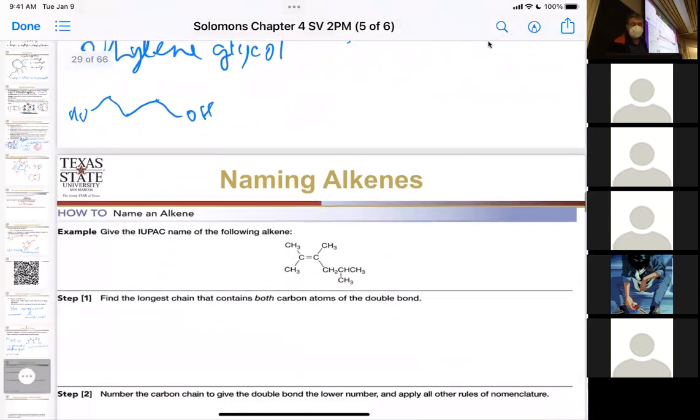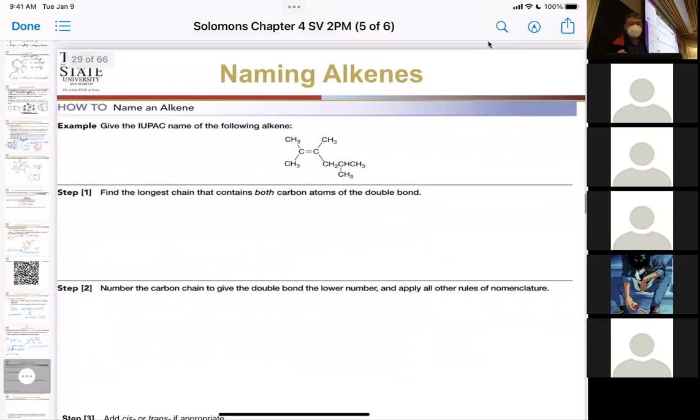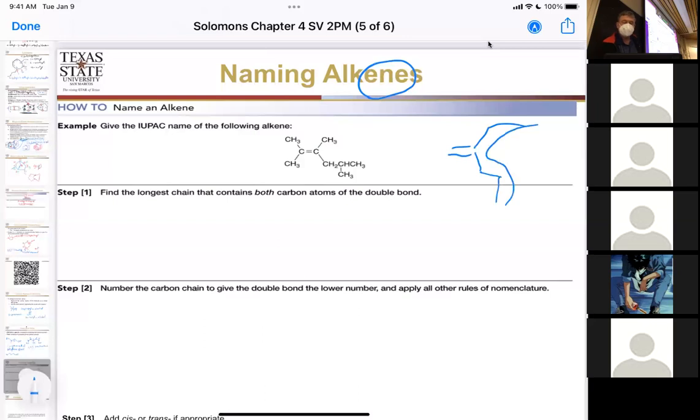So let's go about naming our alkenes. Obviously we have to include the ENE section of it right here, but we have some rules. The rule is, you want to get the longest parent chain, but you are required to use both carbons of the alkene. For example, if you had a hydrocarbon that looked like this, you can't say, oh, well, the longest parent chain is this one right here, because it doesn't contain both carbons of the double bond.